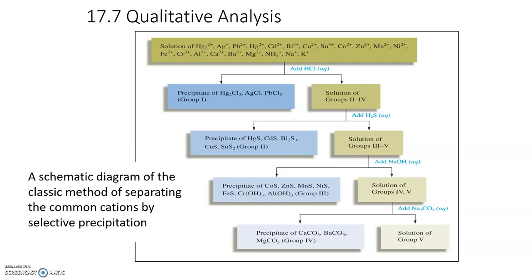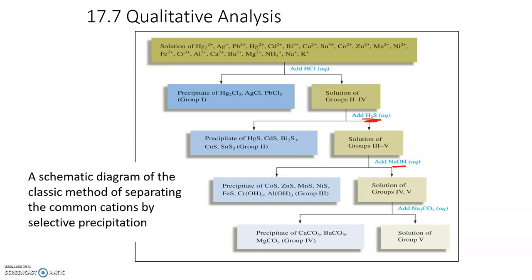So I wouldn't stress out too much about it, but I do want to introduce it to you and show you how the process works. And so if you look at this schematic, you'll notice that this part right here, H2S, and this part here, adding a base, is what the slides two slides ago was talking about. And I've just expanded this out to look at a much larger solution that has way more ions than the one a couple slides ago.